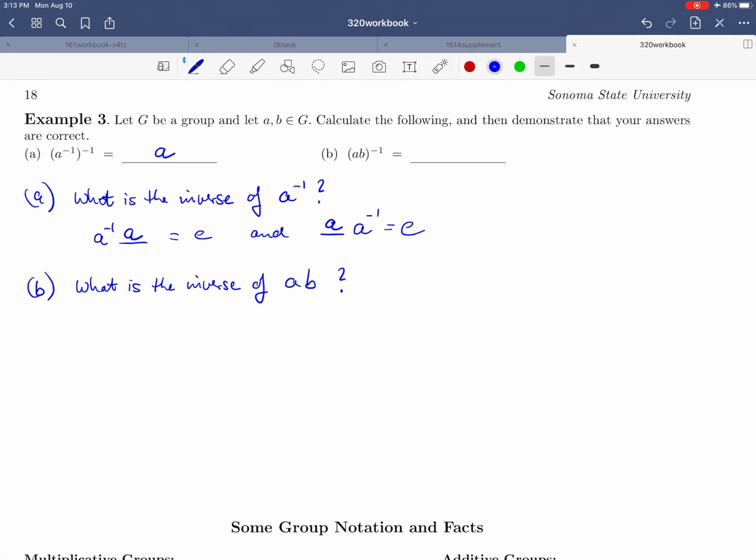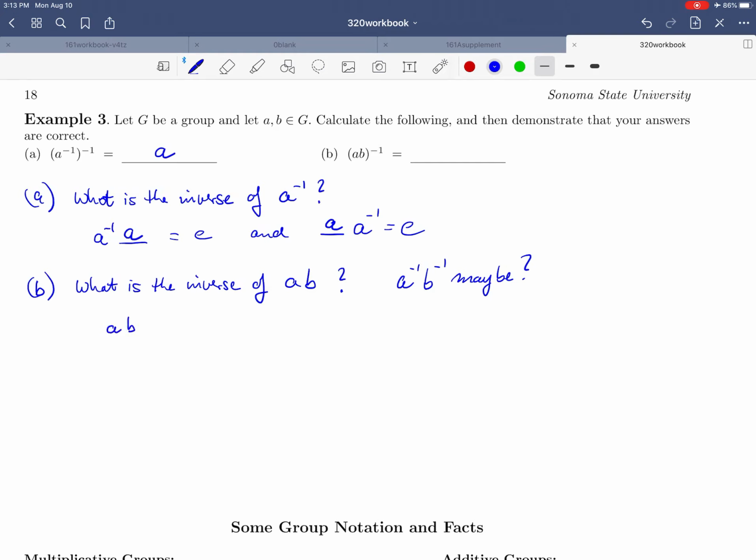And you may want to guess that the inverse of AB is something like A inverse B inverse, maybe? But that's actually not the case. So let's start again the same way that we started when we thought about part A. So what is an inverse of AB?